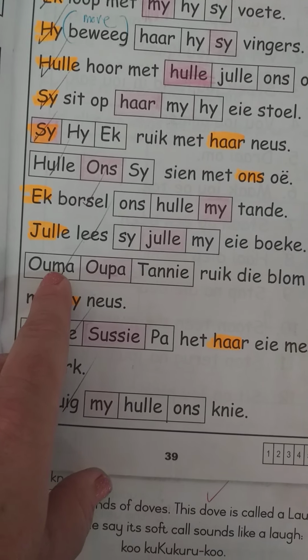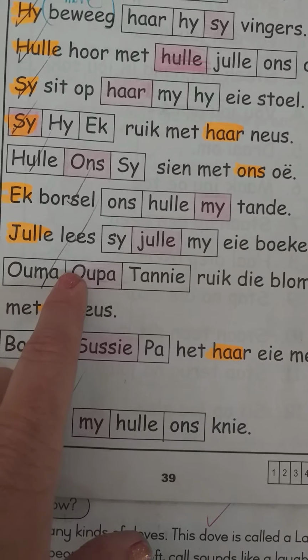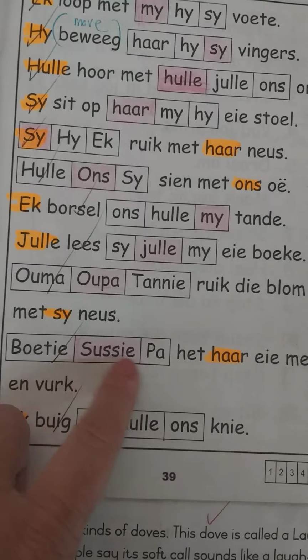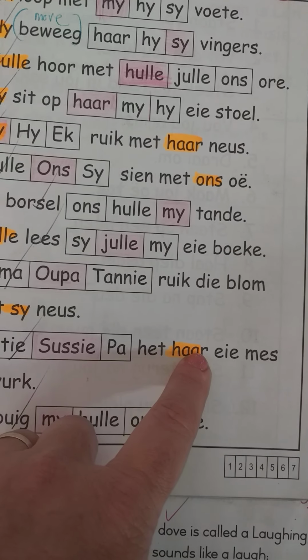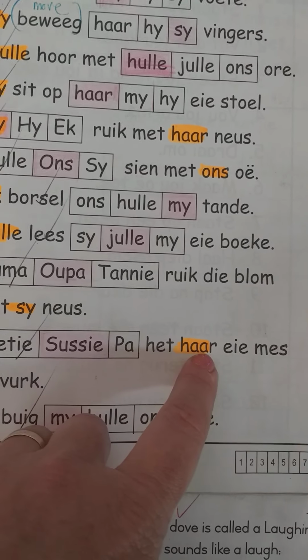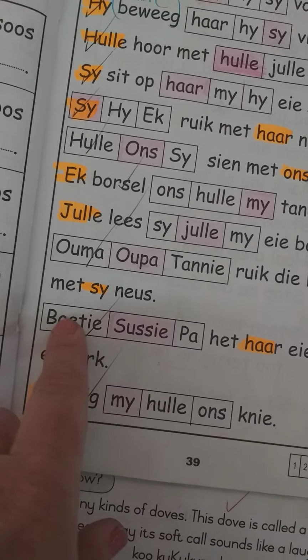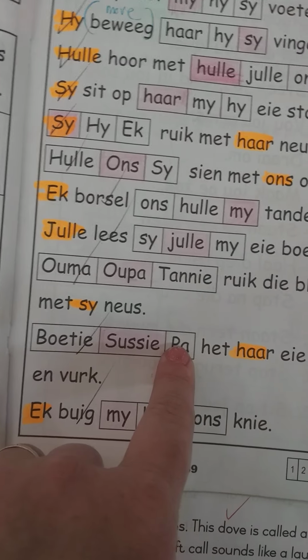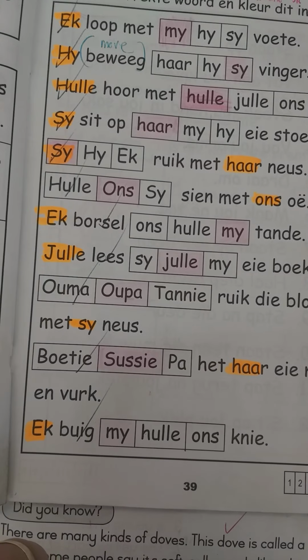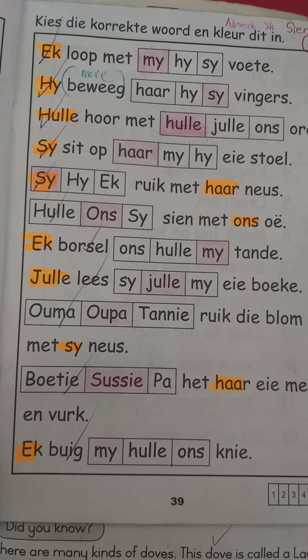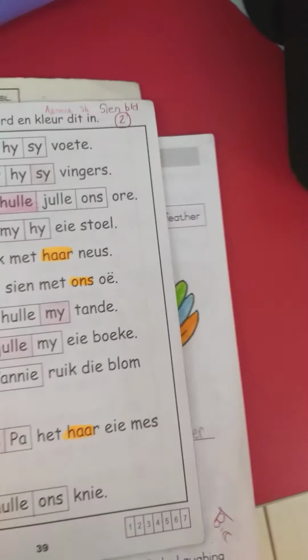We can't use Oma or Tannie, so we're going to use Oupa. The same for this one. You have Boetie, Sissy, and Pa, and you have the haar voornaamwoord, which is her. So you can't use a boy name or reference. You have to use a girl name. Just apply yourself with that, and let's see how it goes.